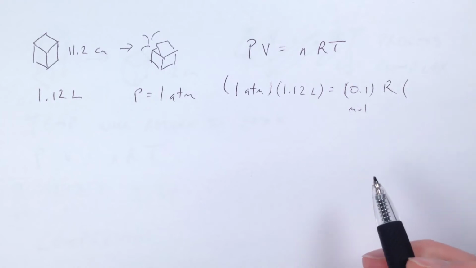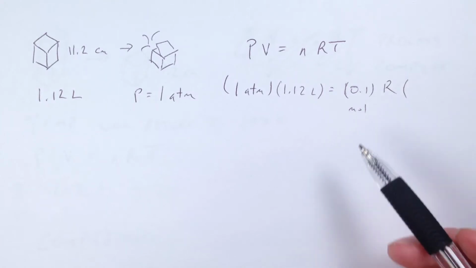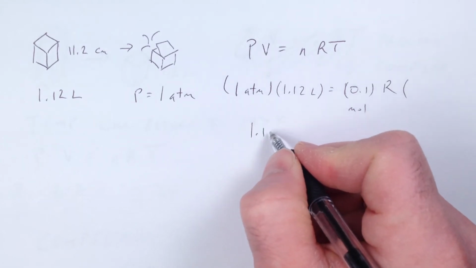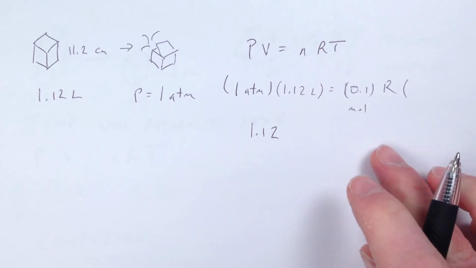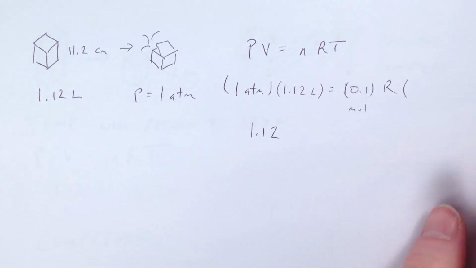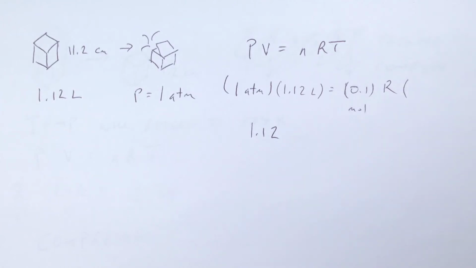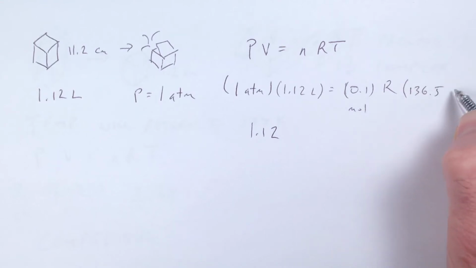Well, just like last time, we were able to work out what everything should be. If this is half of what it used to be, 1.12 instead of 2.24, the only way to make the math work out here, and you can solve this for yourself if you want to see, is for the temperature to drop to half of 273, which is 136.5 kelvins.